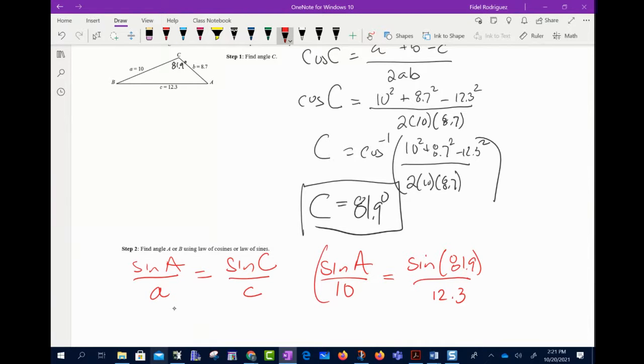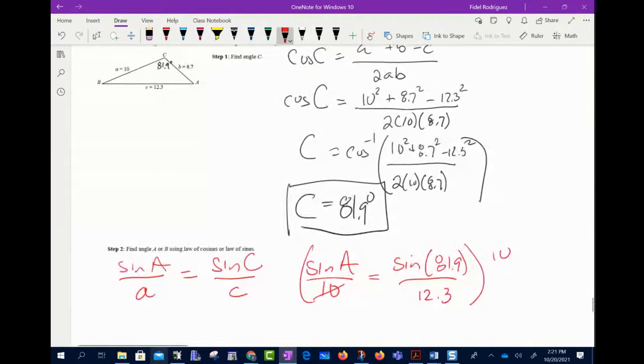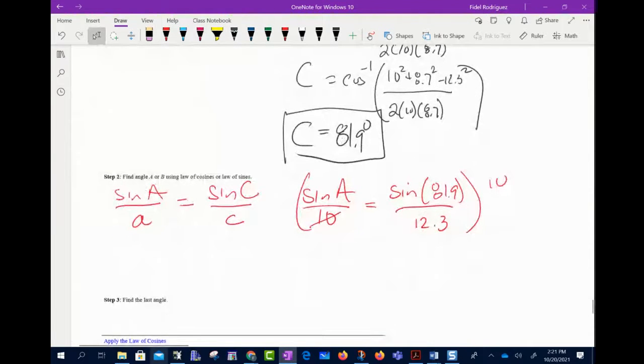12.3. And then again, y'all, I'm going to go ahead and multiply everything here by 10. So we can get rid of this part. And so this is going to leave me with the sine of A equals 10 sine of 81.9 divided by 12.3.